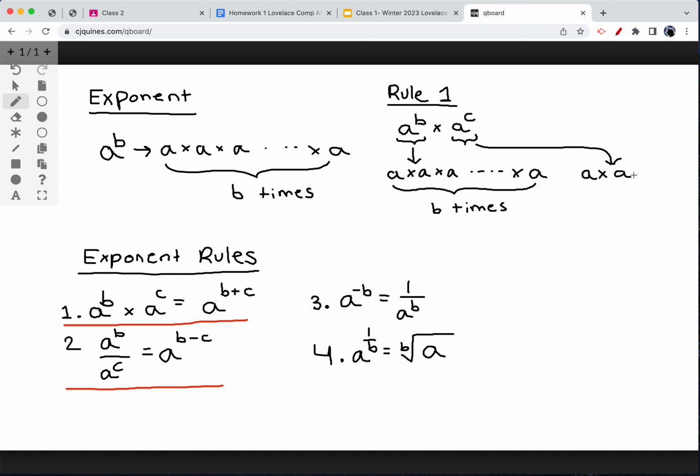So a times a times a, c times. So now we want to multiply these two things together, since we want a to the power b times a to the power c.